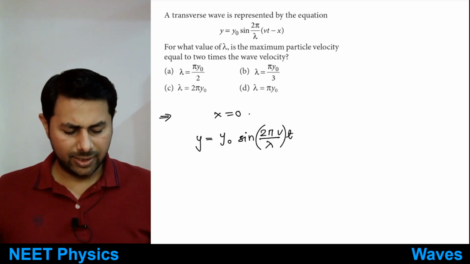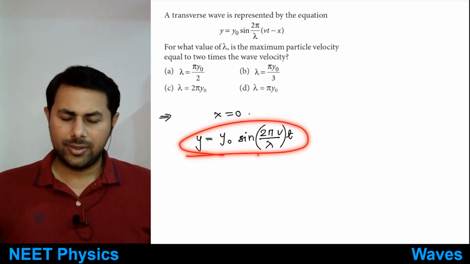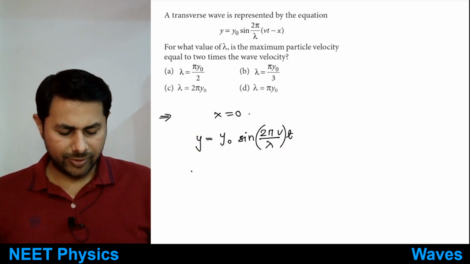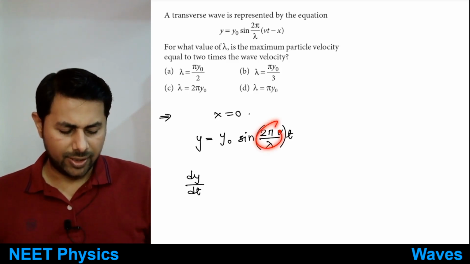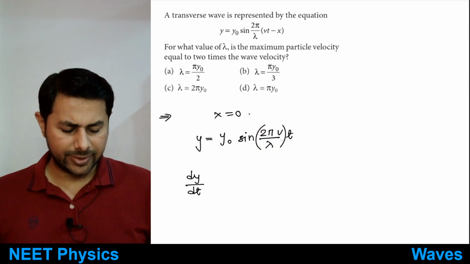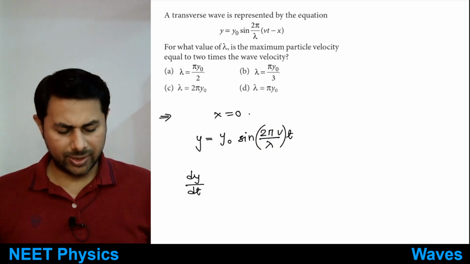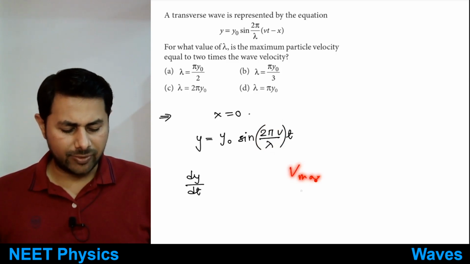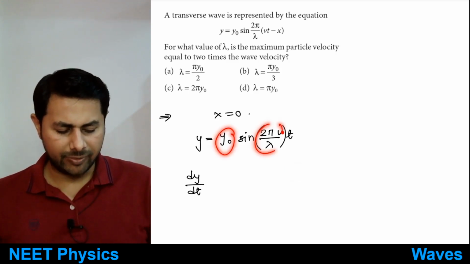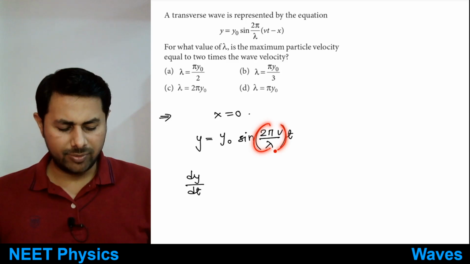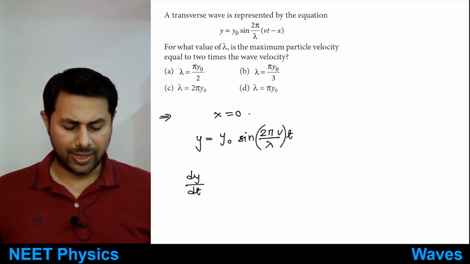Okay, and then just take derivative of that, dy by dt. So now here, if you practice, you will come to know what would be the maximum velocity. Vmax, the maximum velocity of the particle, would be y naught multiplied with this term, because this term is omega, right?